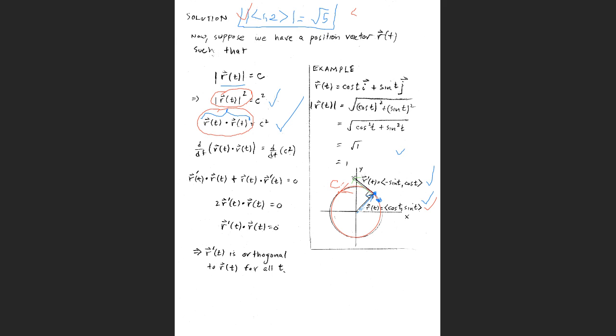Well, if you dot product the vector 1, 2 with itself, what are you going to get? You're going to get 1 squared plus 2 squared, and that indeed equals 5.